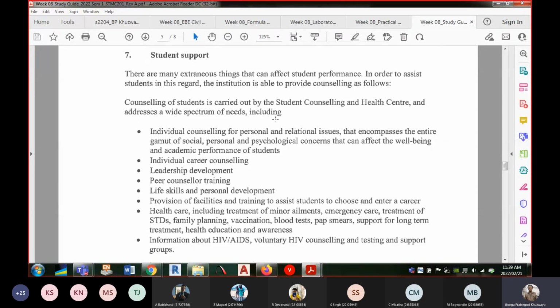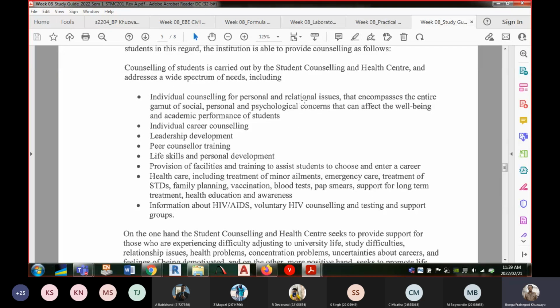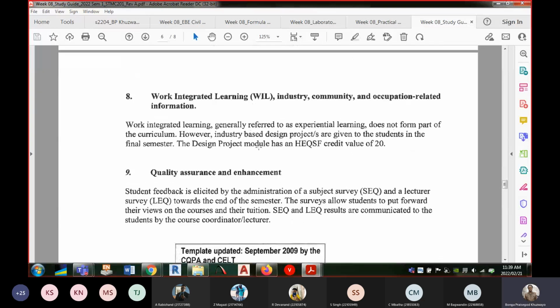Here at DUT, we have student support. If you go online, you'll be able to contact the following support that you may require, such as individual career counseling, leadership development, peer counselor training, life skills and personal development, etc. Item 8, there's no work integrated learning.